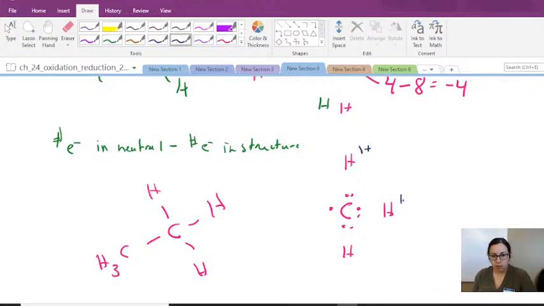You can start realizing that hydrogen I can always assign 1+, and then the carbon connected to those hydrogens has to be, in this case, -3 to balance out those hydrogens, and that carbon doesn't change its oxidation state. The math works out: 1, 2, 3, 4, 5, 6, 7, so 4 minus 7, excuse me, gives you a -3 oxidation state. Questions about that one?